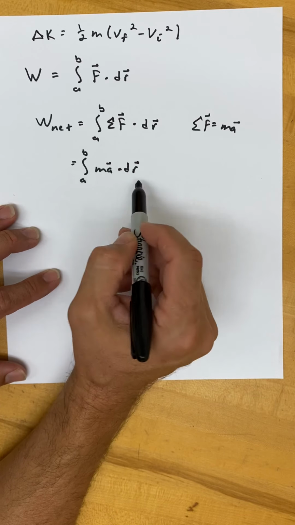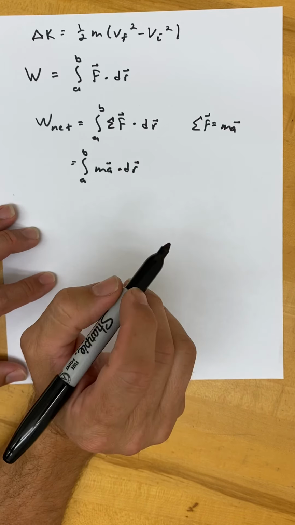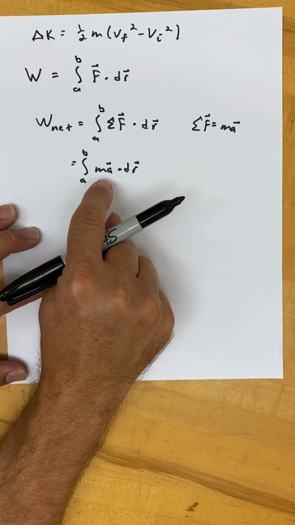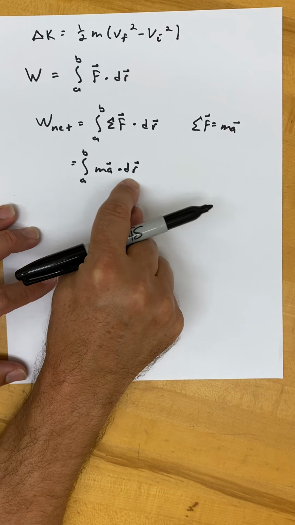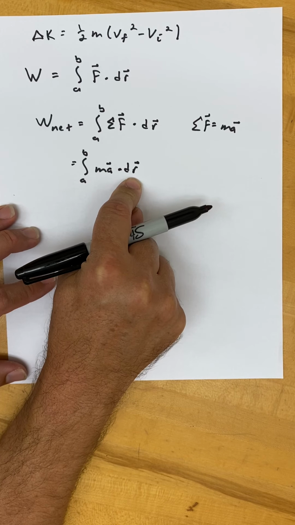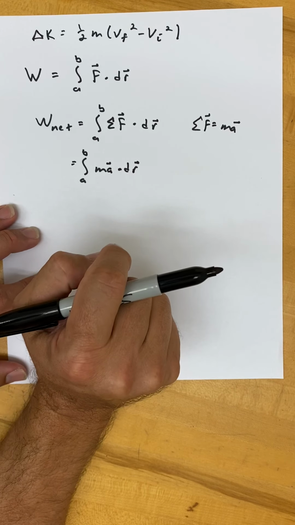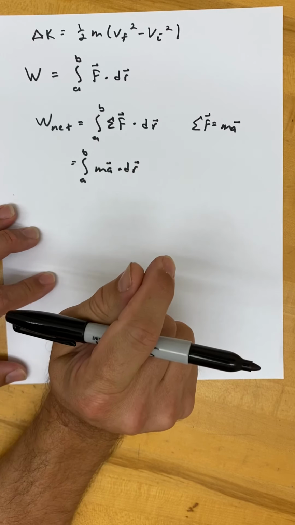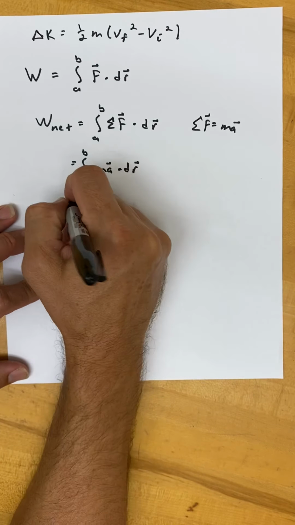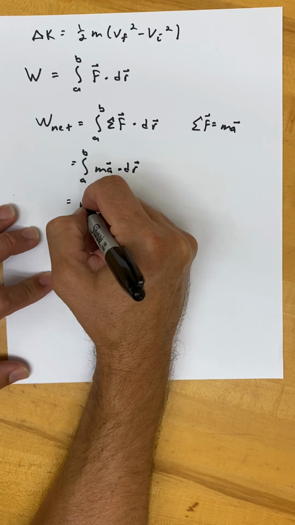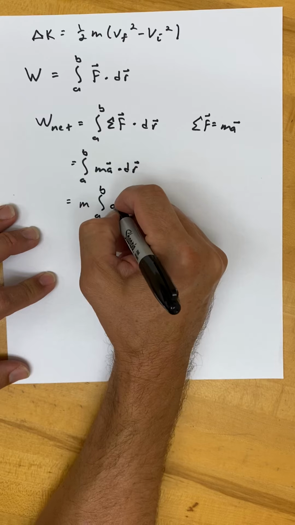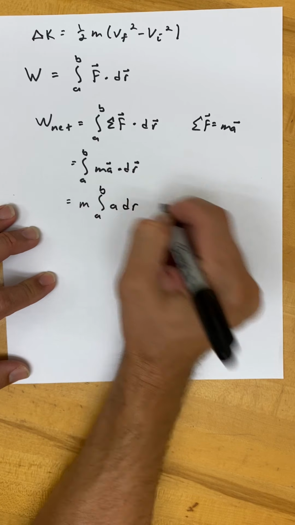Or let's assume that the acceleration and displacement are in the same direction, along the same line of action. That then will become the magnitude of this vector times the magnitude of that vector times the cosine of the angle between them, which, if I follow those assumptions, turns out to be 1. And I can get rid of the vector nature. I can also bring the mass outside, because we're going to let the mass be constant, of a dr.